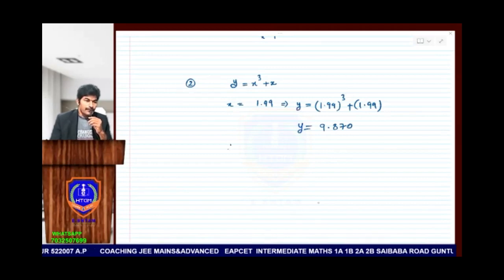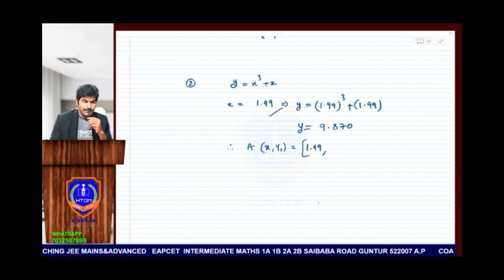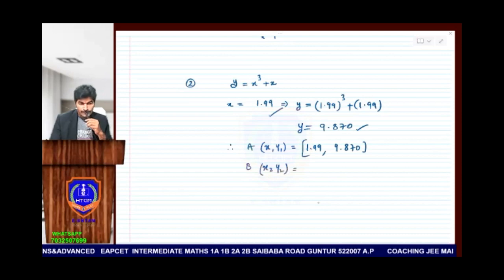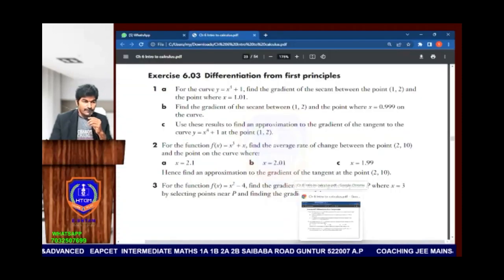Therefore, let me say the first point is A, which is (x1, y1). Take x1 as 1.99 and y1 as this value, 9.870, and mention that the given point is (x2, y2). What is the given point? (2, 10).